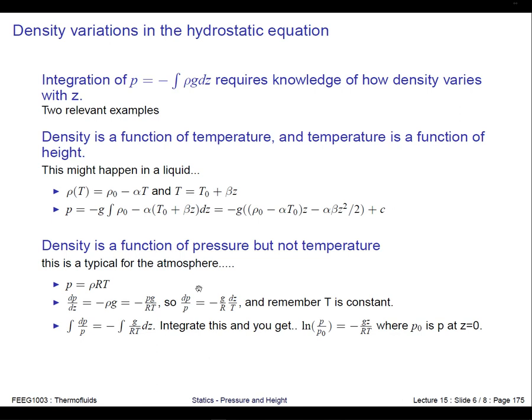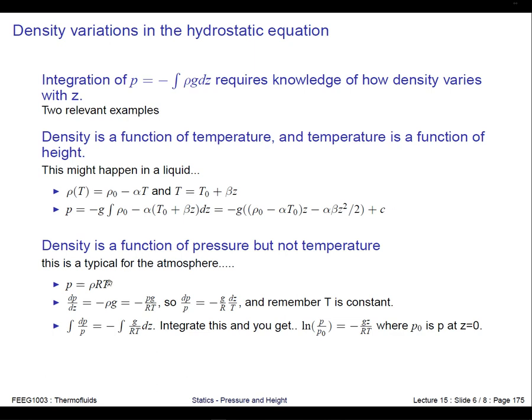Another example is that you can do equations looking at pressure change in the atmosphere, and in this case you would use the gas law. Here we've got pressure and density and temperature that are all related.